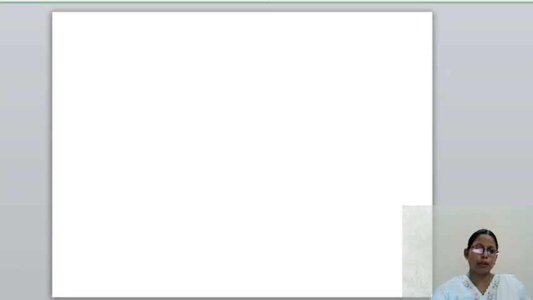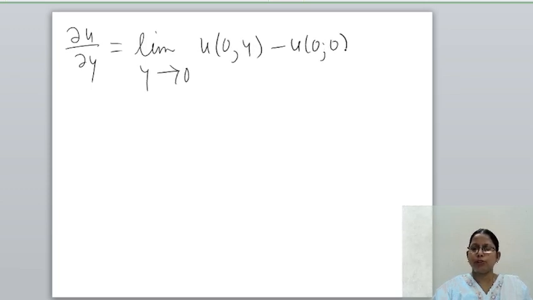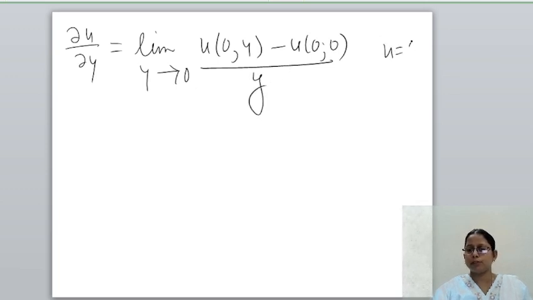Next, the partial derivative of u with respect to y. So this is the limit y tends to 0 of (u(0, y) minus u(0, 0)) divided by y. Here u is this function, (x cube minus y cube) by (x square plus y square).